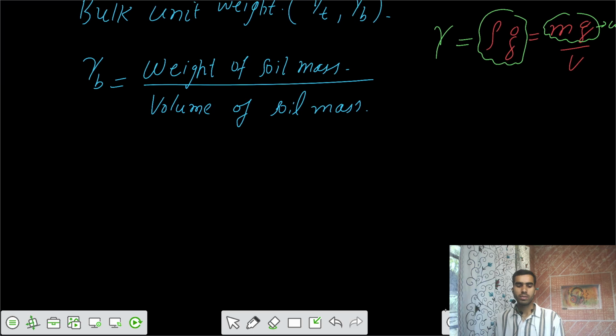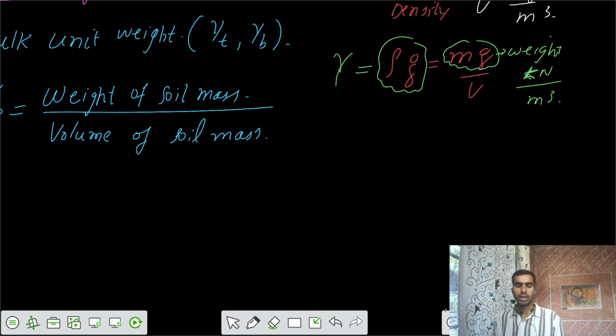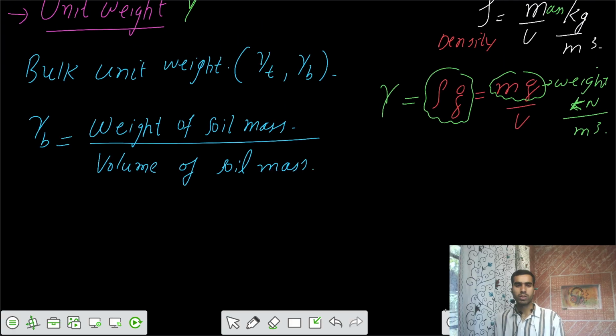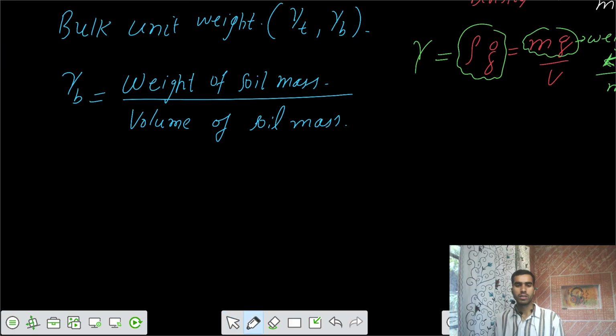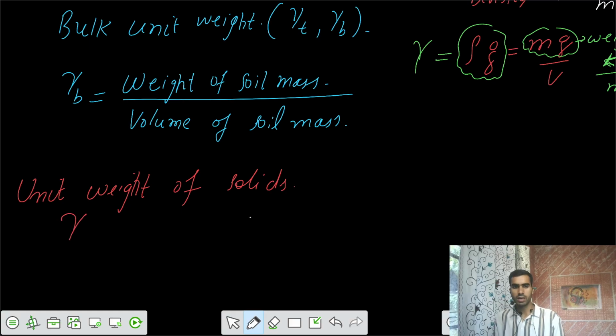After that, there is one more term, the unit weight of solids. Second one, unit weight of solids, and we write it as gamma s.